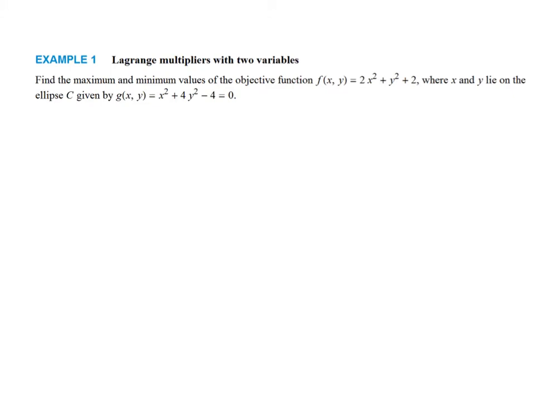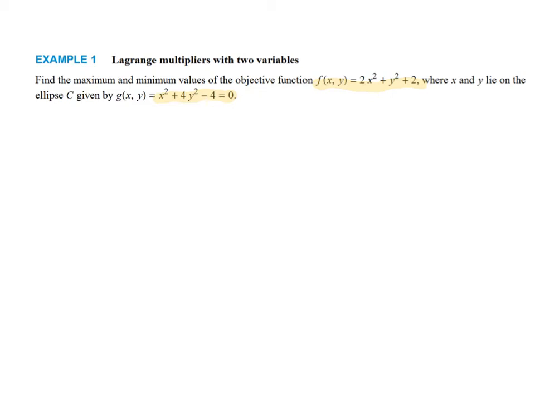Let's look now at our first example. We have our objective function, f of (x, y) equals 2x squared plus y squared plus 2, and our constraint, g of (x, y) equals x squared plus 4y squared minus 4 equals 0. You can see our f function is a paraboloid, that's our surface, and our g function is an ellipse.